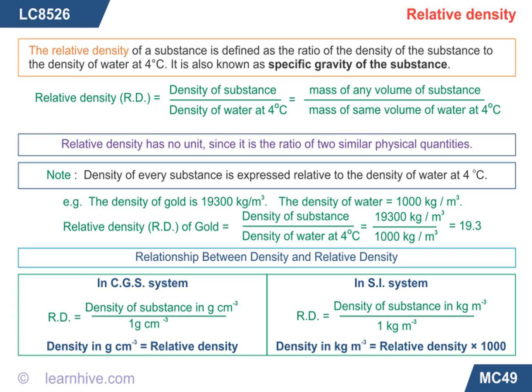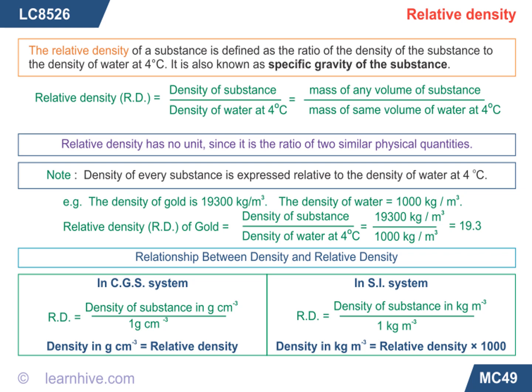Example, the density of gold is 19,300 kilogram per meter cube. The density of water is 1000 kilogram per meter cube. So we will write like this: relative density of gold is equal to density of substance by density of water at 4 degrees Celsius.